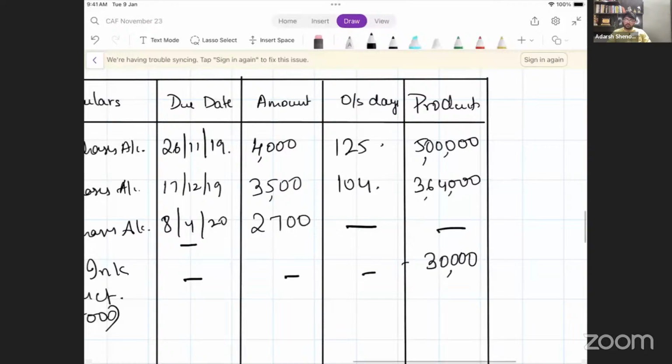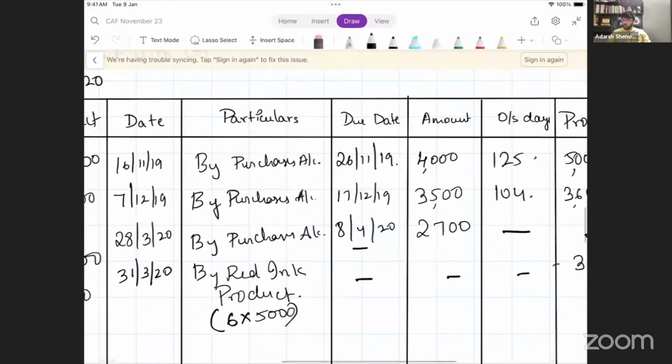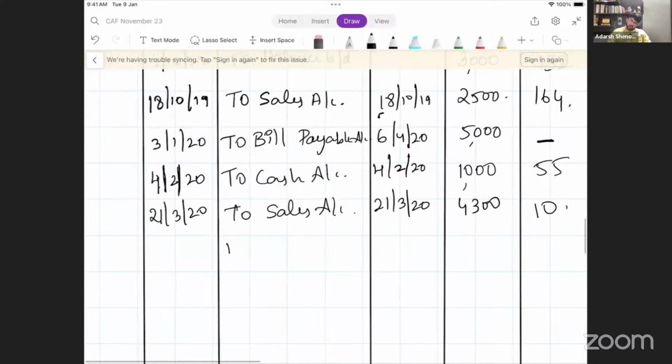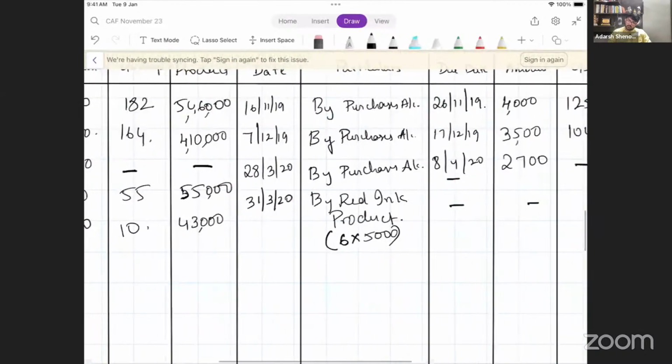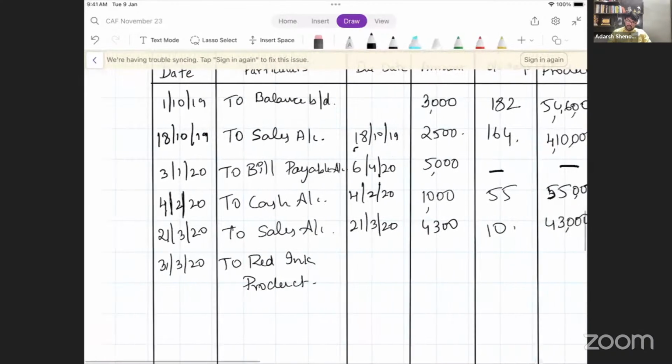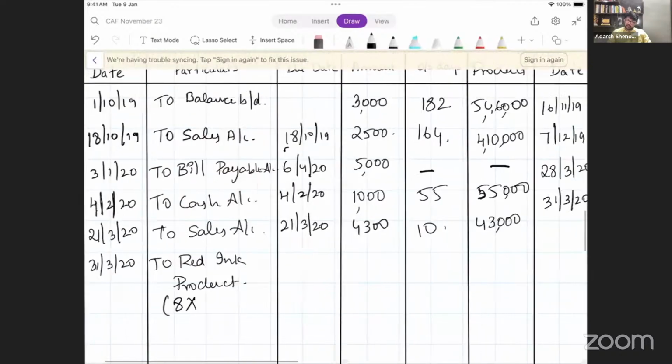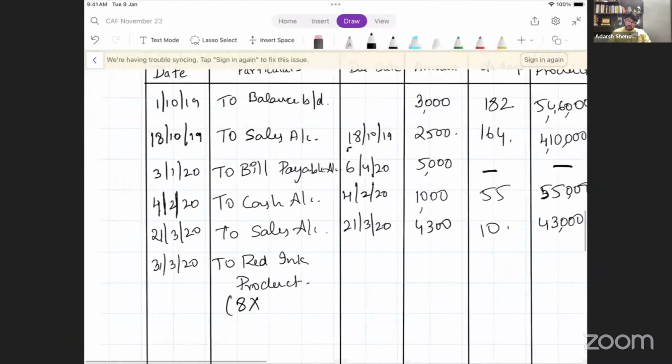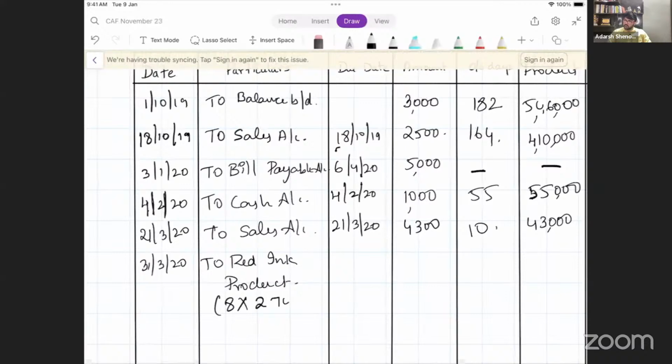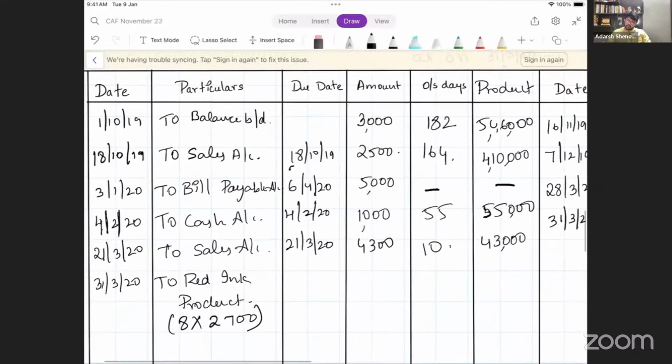The product for this will not be written on this side, it will be written on the opposite side. Red ink product. So 8th April, that means 8 days into 2,700. 21,600.